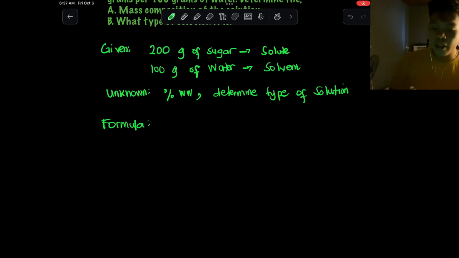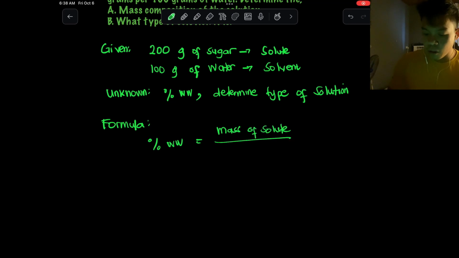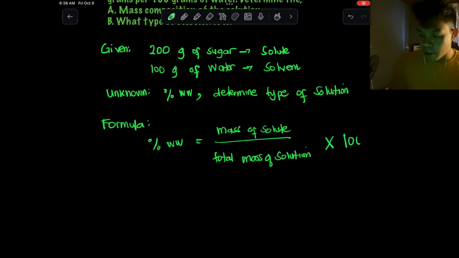Next, the formula. The formula for solving the mass concentration, or composition by mass, of a solution is that we need to determine the mass of solute all over the total mass of the solution, and multiply by 100.